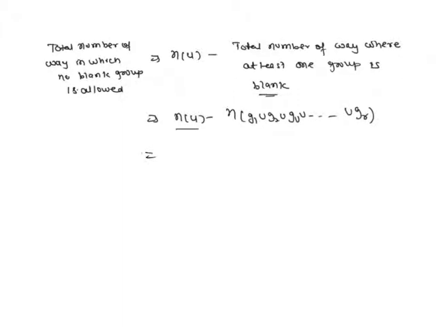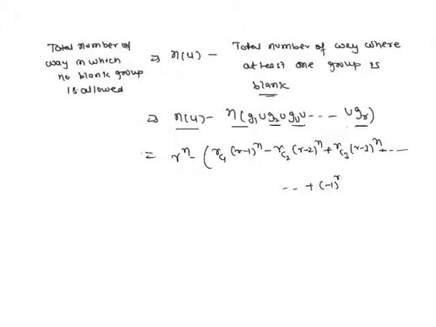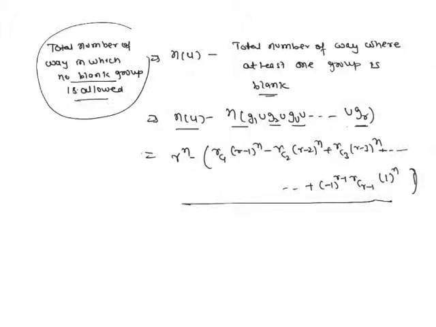Here n(U) is r^n, minus n(G1 ∪ ... ∪ Gr), which is rC1 (r−1)^n − rC2 (r−2)^n + rC3 (r−3)^n − ... + (−1)^(r−1) rC(r−1) 1^n. So this formula is used to find the total number of functions where blank groups are not allowed, and this is also used to find onto functions.